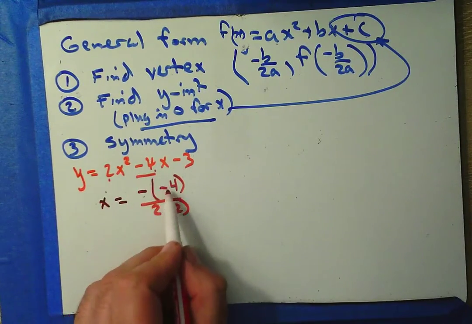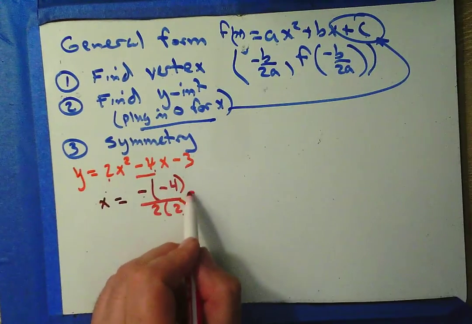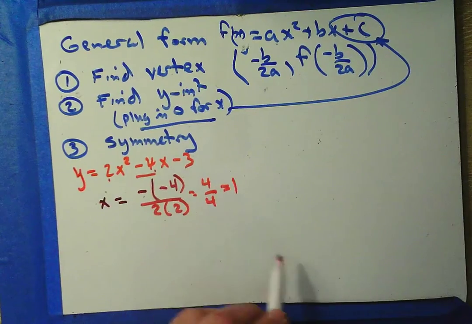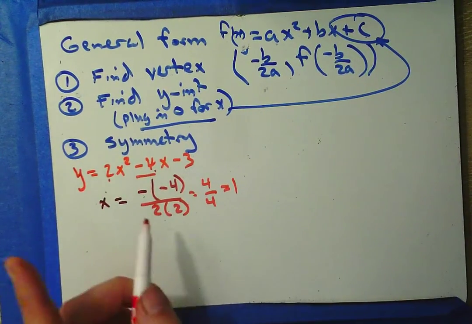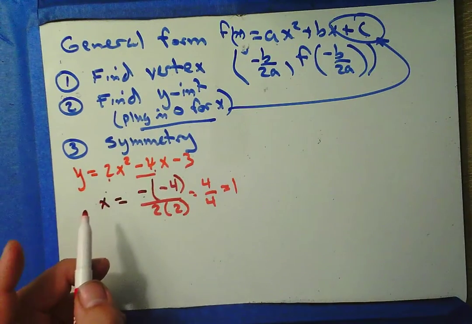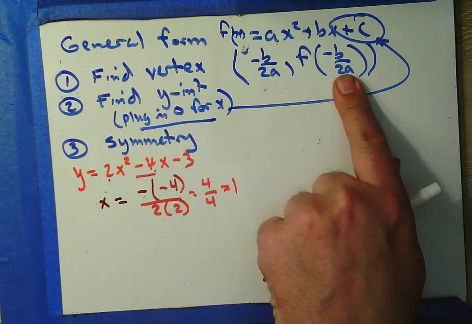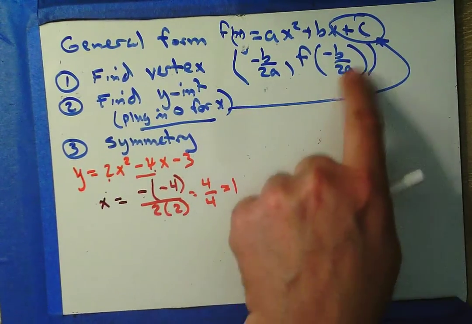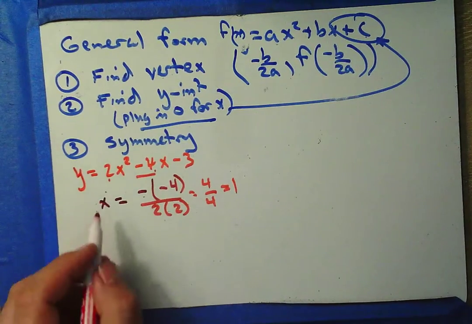Notice the b value includes the sign. So I end up with negative times negative, which is positive, over 2 times 2, which is 4, or 1. So the vertex here is located at x equals 1. But wait a minute, what's the y value there? Well, this is where I said before we would need to plug this negative b over 2a, in our case 1, back into the function for all the x values to find the y value.